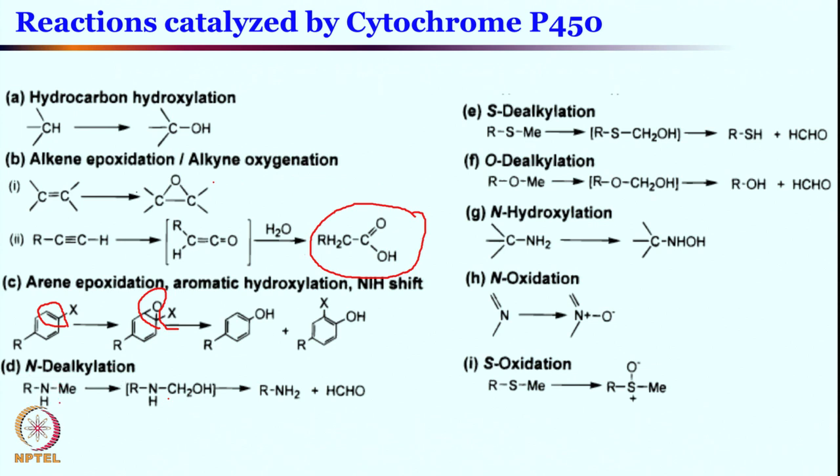If you are taking an N-methyl or N-alkyl amine, it could be a secondary amine as is here, or it could be a tertiary amine. This amine can react with the iron 5 oxo or iron 4 oxo radical cation intermediate, where this is the aliphatic sp3 center. This can react and the hydroxy moiety can rebound with it or bind with it.